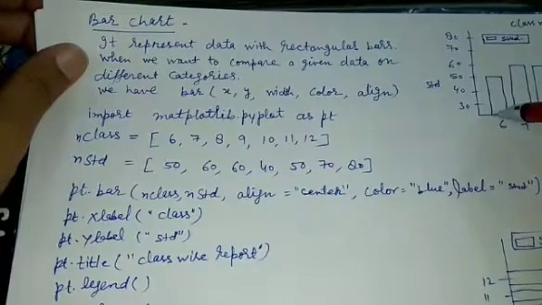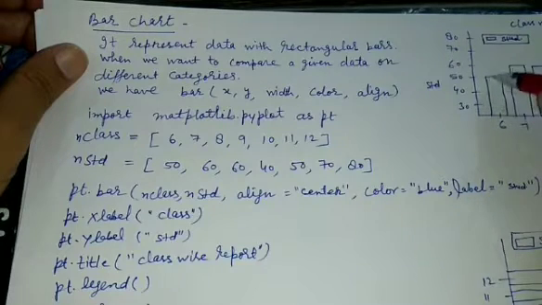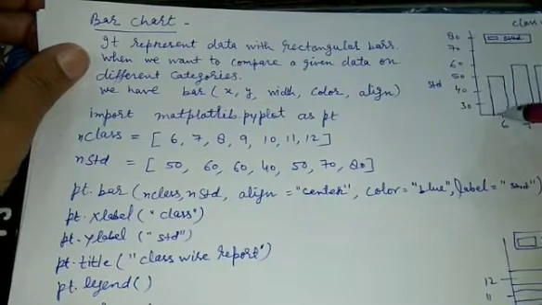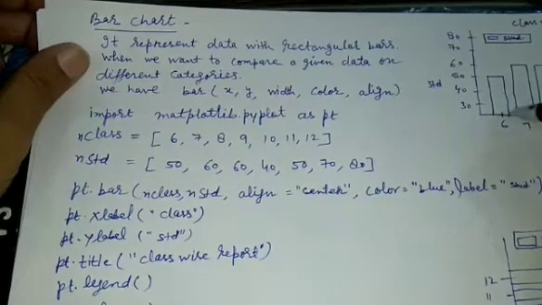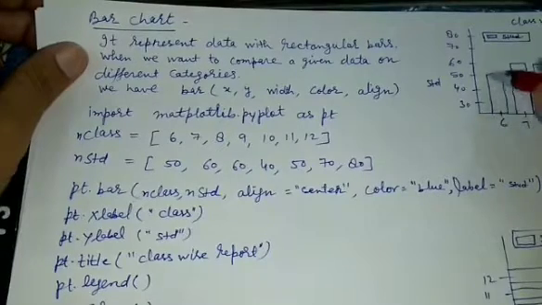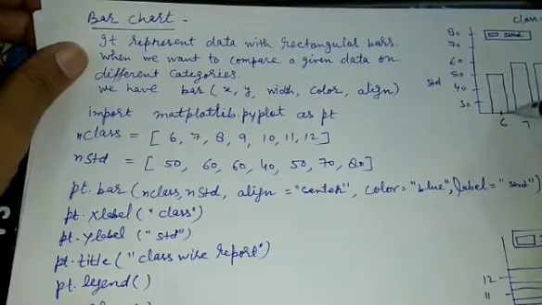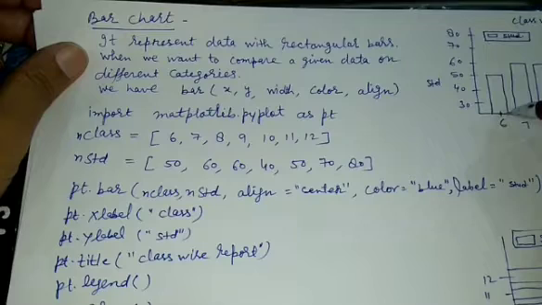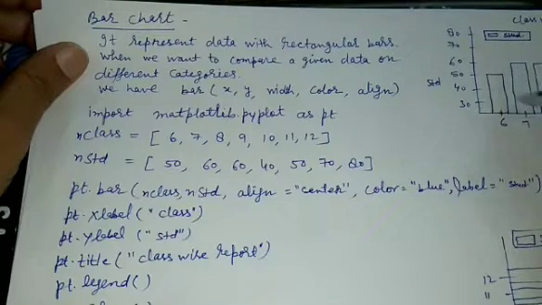Align means this bar should be aligned to this point like this, left align, or like this, right align, or like this, center align. You can see this is the point and this bar is centrally aligned to the point. So this is center align, which is the default. You can make this bar left align or even right align.